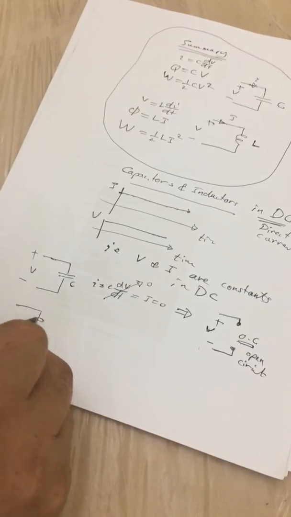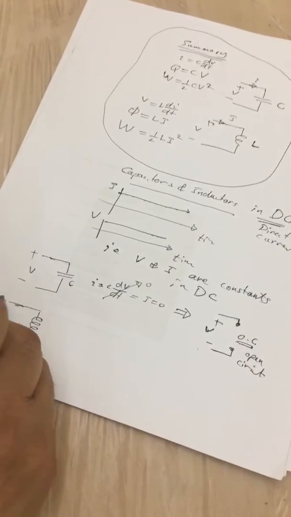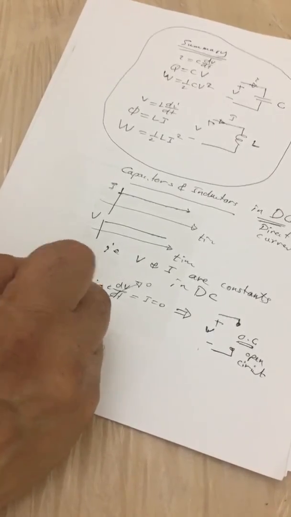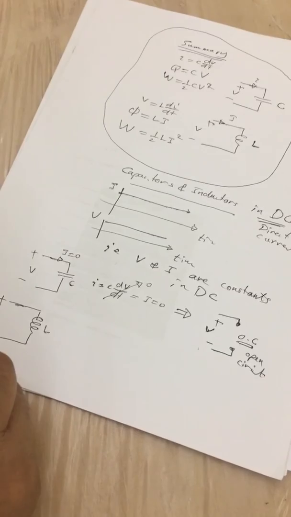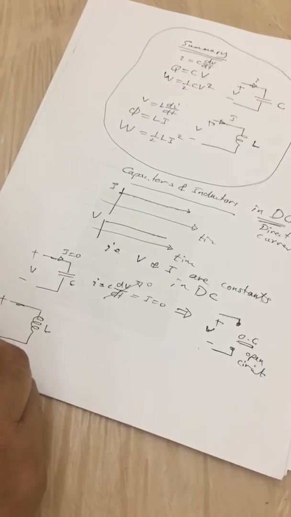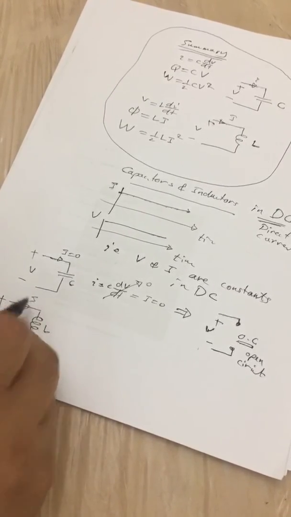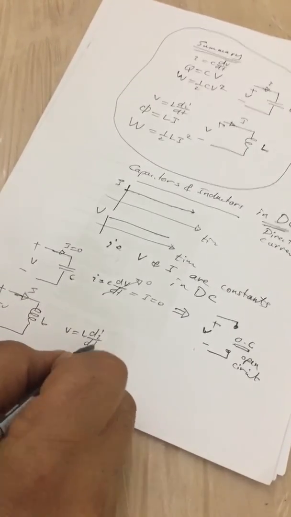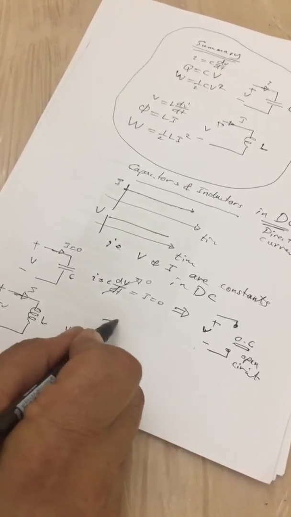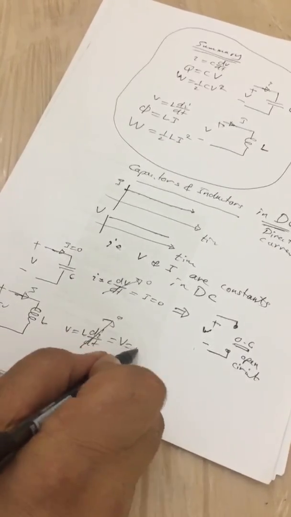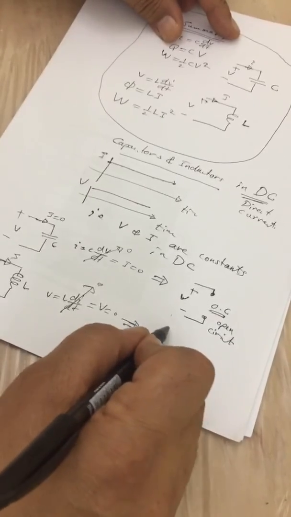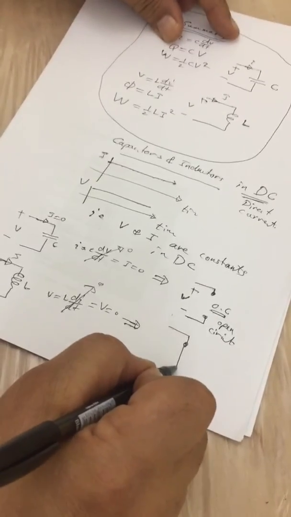While an inductor with plus minus V, here I, and here V equals 0. Why? Because V equals L di per dt. Since I is constant, this will be 0, so V equals 0. Okay? So a zero voltage will act as if we have a short circuit.